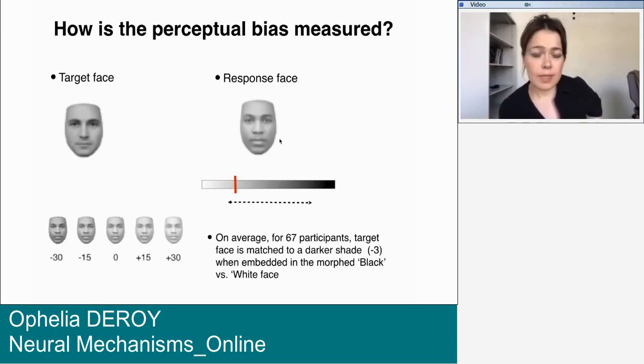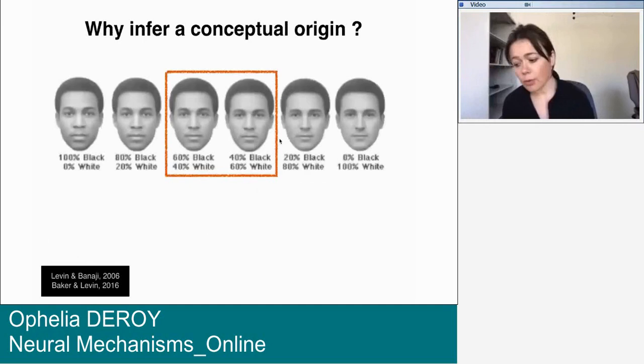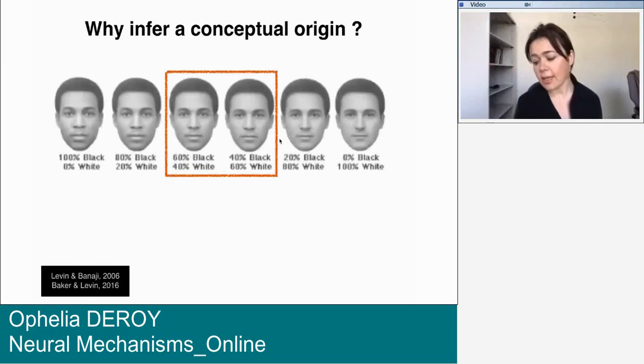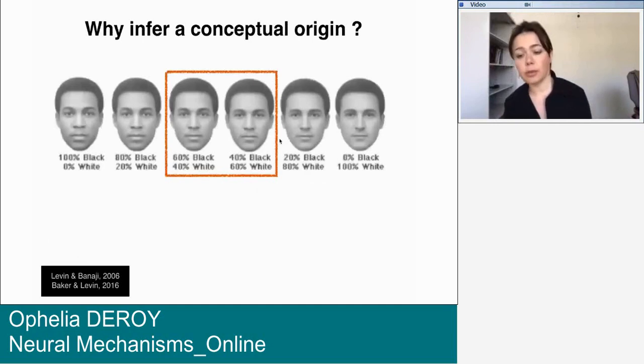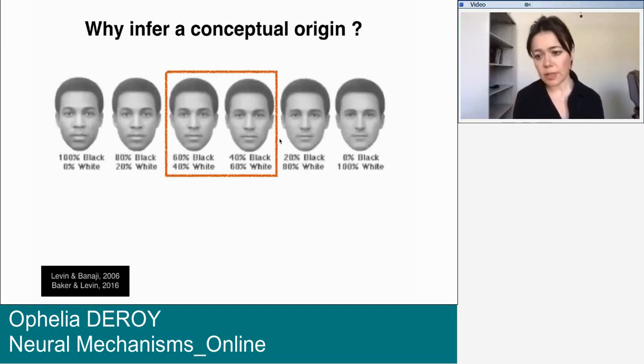The second aspect of that paper, which really leads the authors to conclude to a conceptual origin, that is the fact that it's not just the morphology itself, but the way in which this morphology is further interpreted as African, therefore black, and European, therefore white, comes from a second experiment where this time they presented the participants with some intermediate faces of hybrid morphology or ambivalent morphologically.